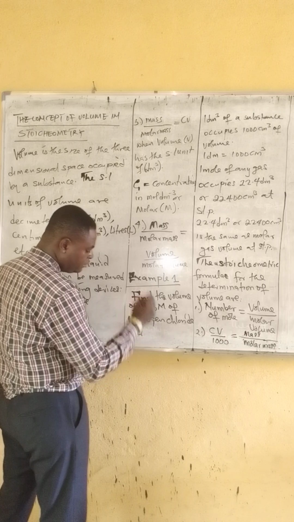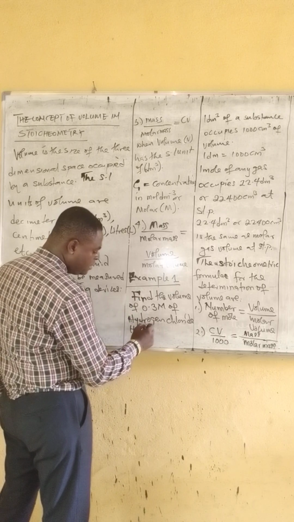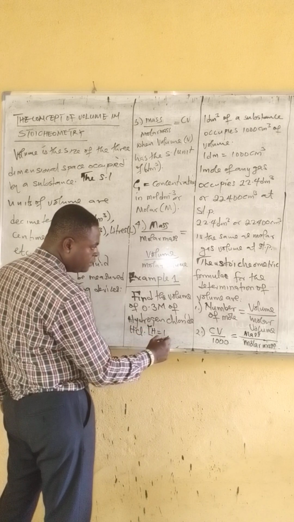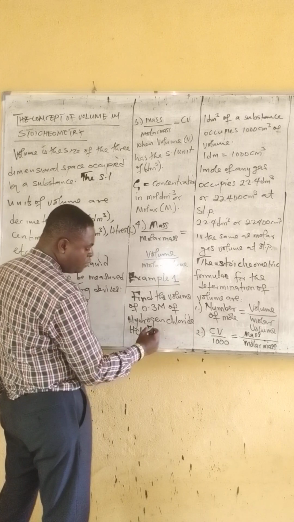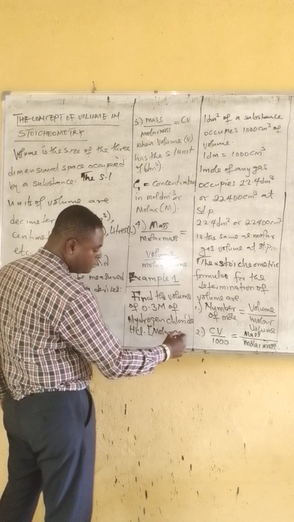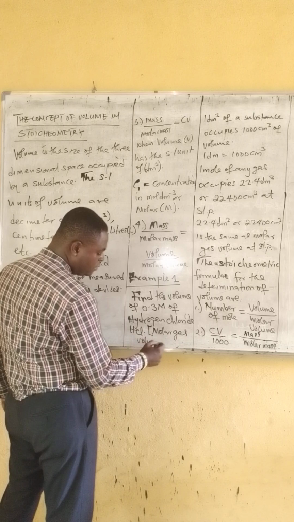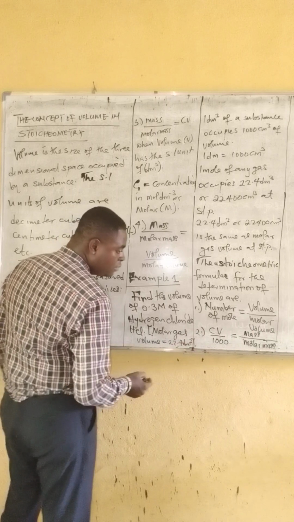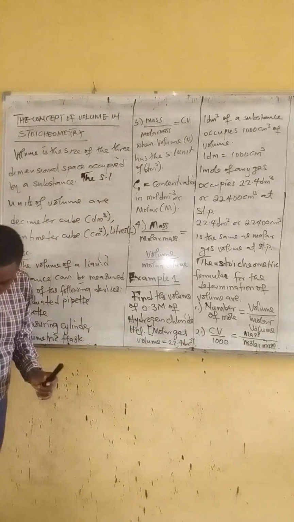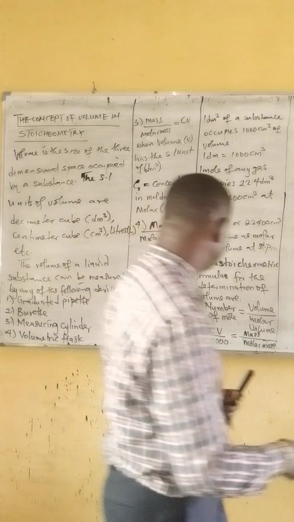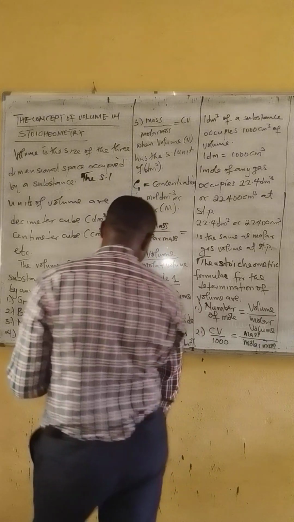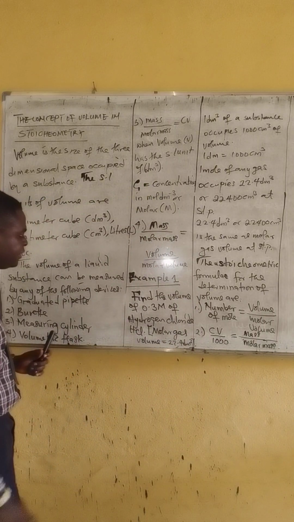They will give you H equals 1. You don't need that. They give you molar gas volume equals 22.4 dm3. So that's the question. How do we solve this? Find the volume of 0.3 molar, which is mole per dm3, hydrogen chloride, HCl.